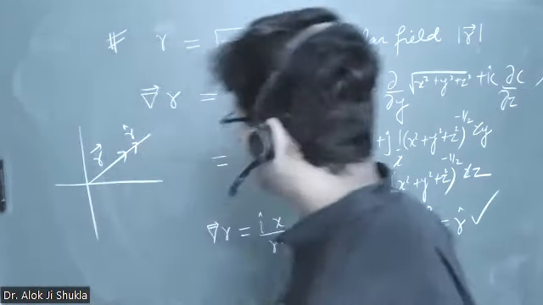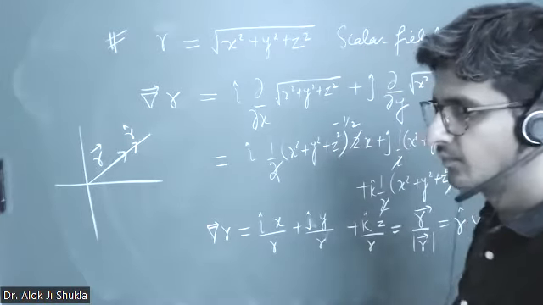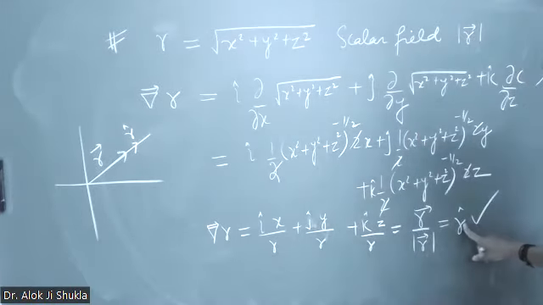Can you repeat once more, sir? r cap represents the direction in which the scalar r is increasing maximum. So you have a scalar function and you wanted a direction in which that scalar function is increasing maximum.